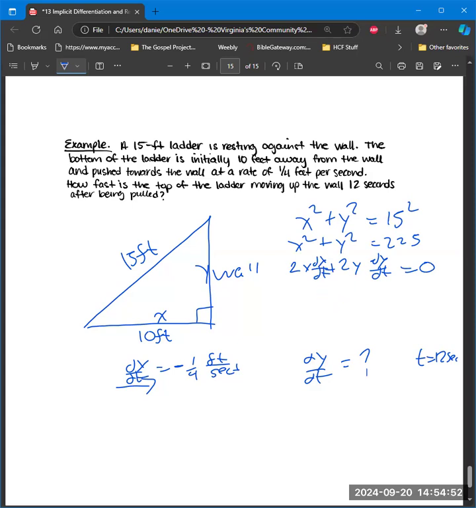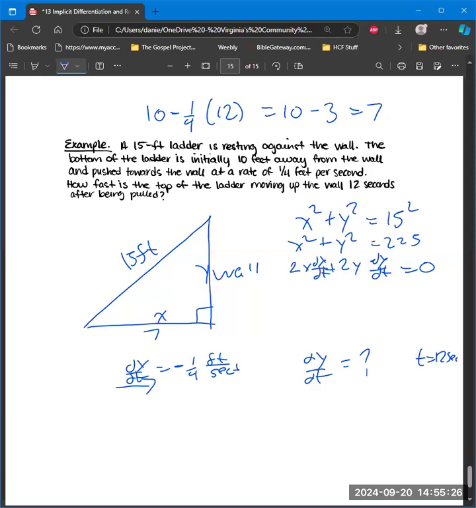So when t is 12 seconds, x is 10 minus 1/4 times 12, which is 10 minus 3, which is 7.